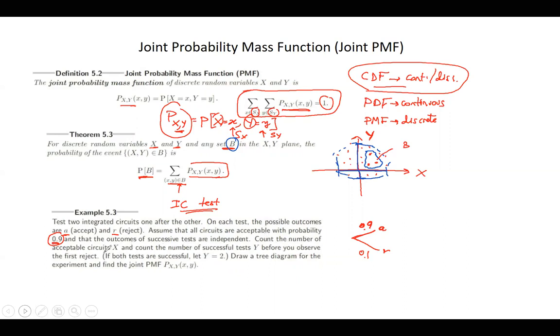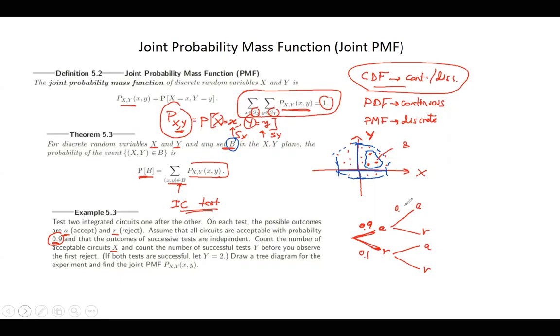Now count the number of acceptable circuits X. So we repeat this successively, and here we got 2 tests. So this is test 1. The next test might be either A or R. If the first one is reject, the next one will be A or R. So the experiment could be like that.